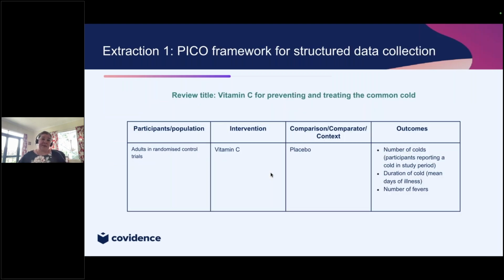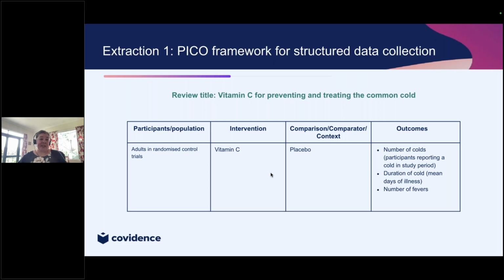So I mentioned that Extraction 1 uses a structured format. We use a framework with PICO. So that's population or participants, intervention, comparison, and outcomes. And for the purpose of this webinar, we're going to be using a review about vitamin C for preventing and treating the common cold.